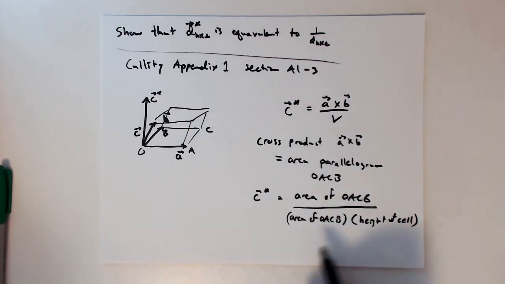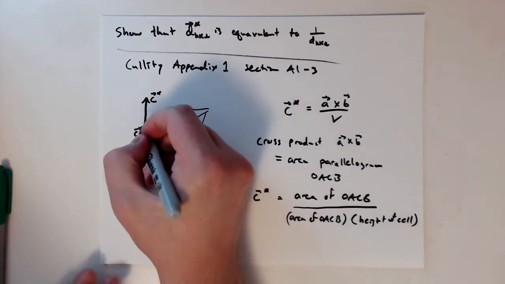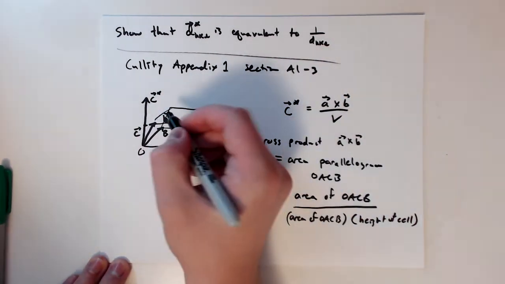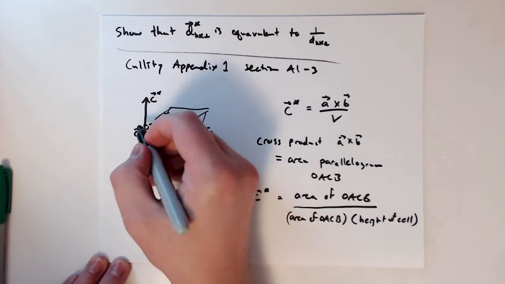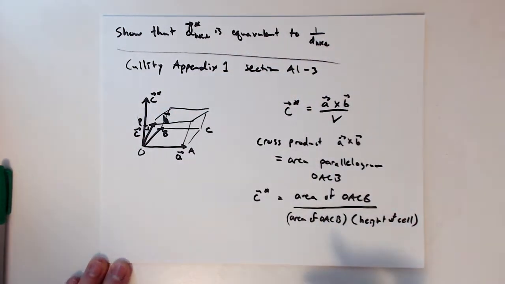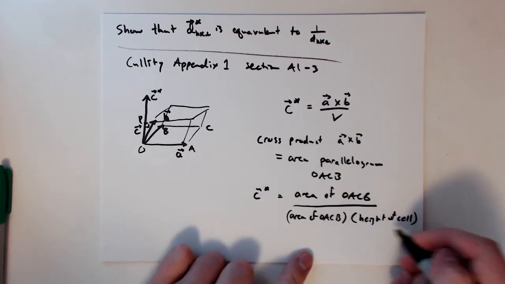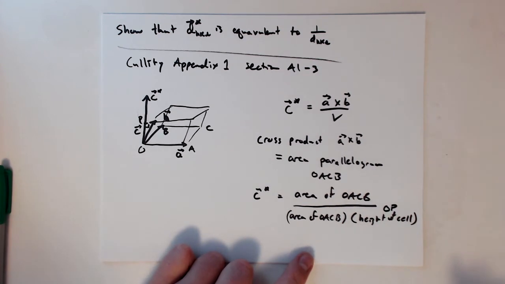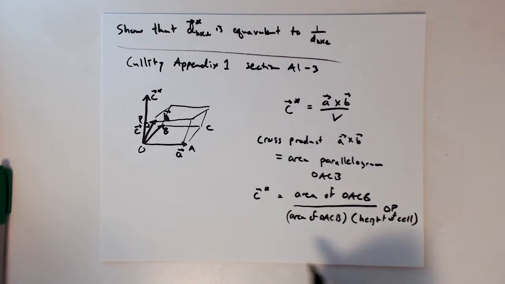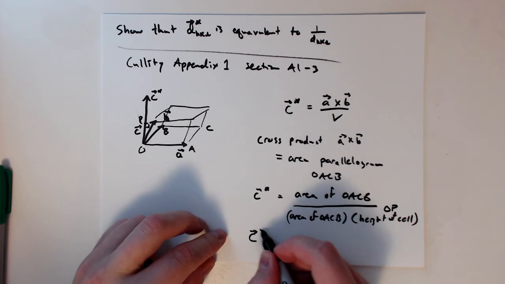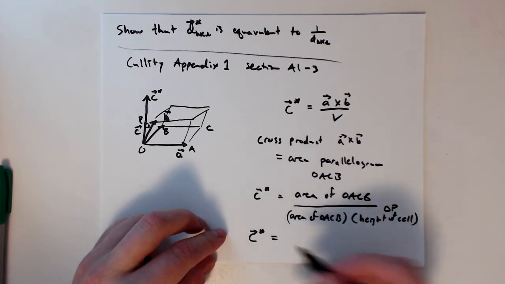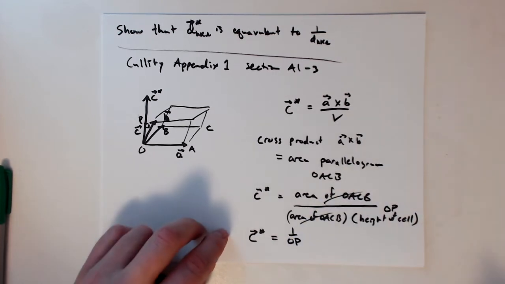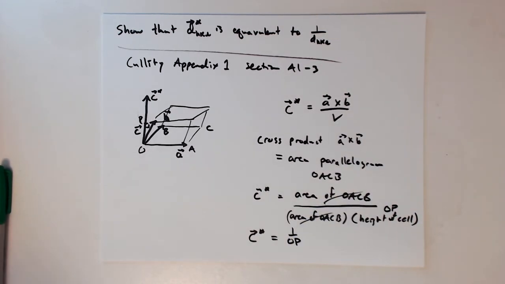Well, we already know this part, but the height we can see is basically the point right there. And if that's the 90-degree angle, we can call that P. So this height is also OP, right? So effectively, for the c* vector, these two things cancel out, and we get 1 over OP, right?